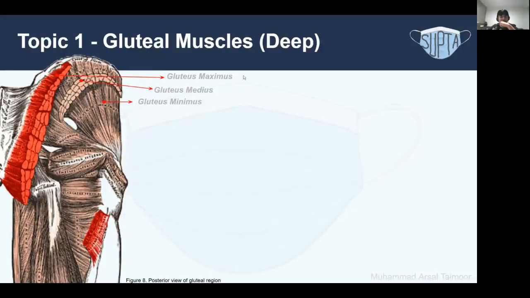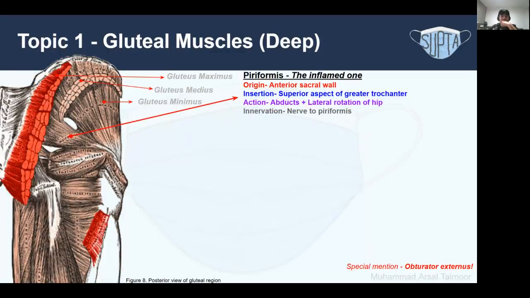Now, the gluteal muscles, we've got them here. We're going to go over the deeper muscles now. So the deep region, starting off with the piriformis, this muscle is basically triangular shaped. It's relevant because you can get what's known as piriformis syndrome.